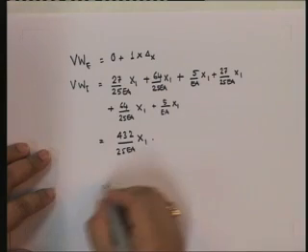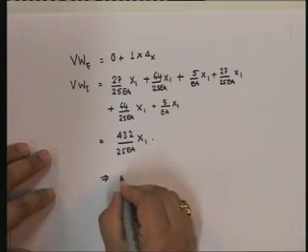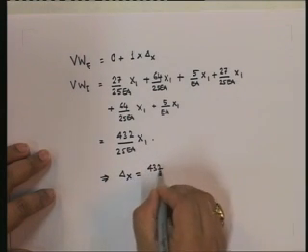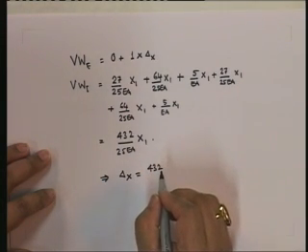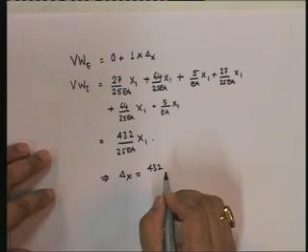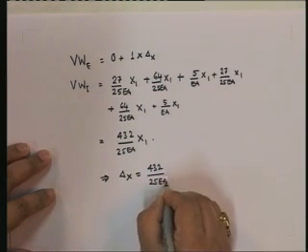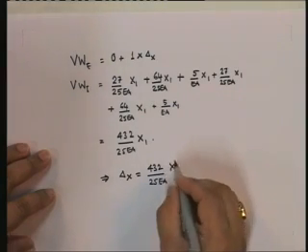So if you equate the two, you get that delta x is equal to 432 upon 25 EA x1.